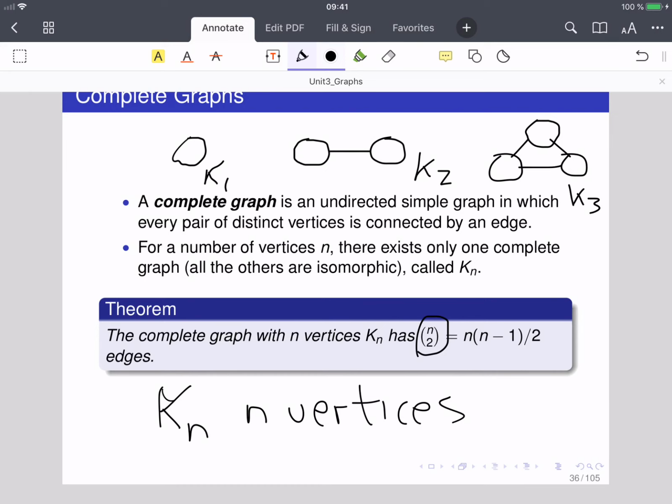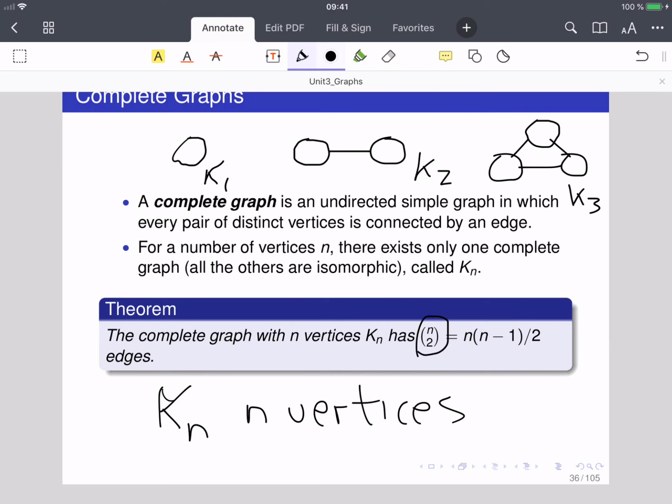Combinatorics is another part of discrete mathematics that, as I've already told you, we unfortunately don't have time to cover, but it's also important regarding the complexity of some algorithms and of some data structures. But in any case, the number of edges in a complete graph with n vertices is given by n times n minus 1 divided by 2.